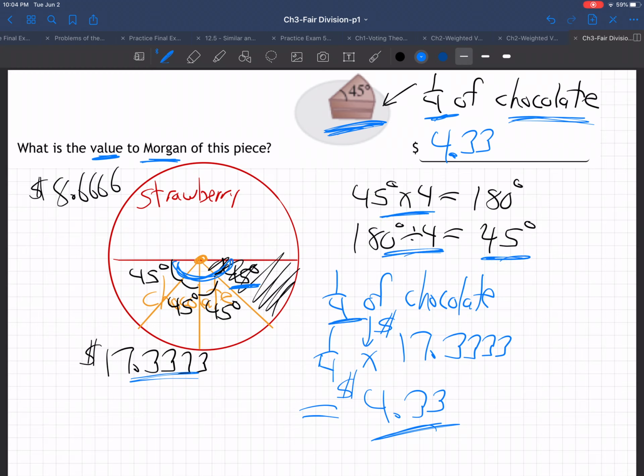So we took 1/4 of the chocolate half. We already knew previously the chocolate half was worth $17.33, so 1/4 of that, $4.33, is going to be the value of this piece to Morgan.